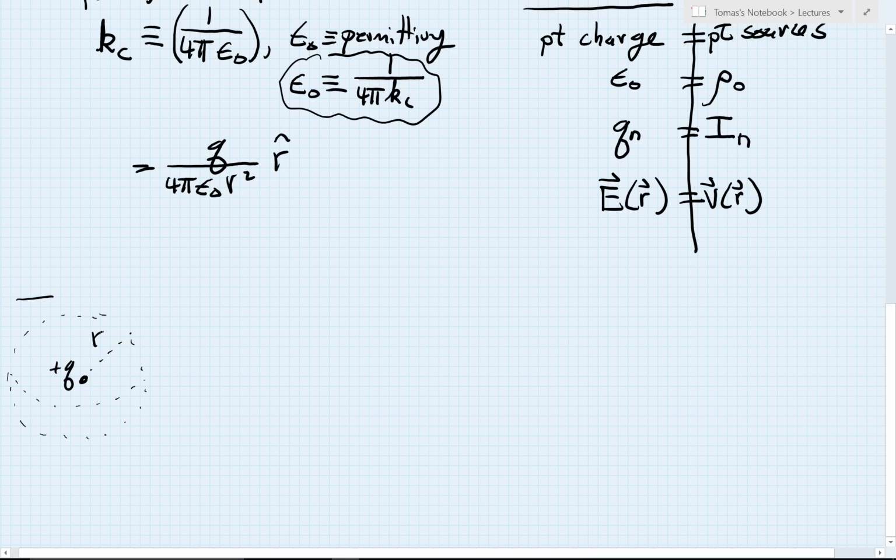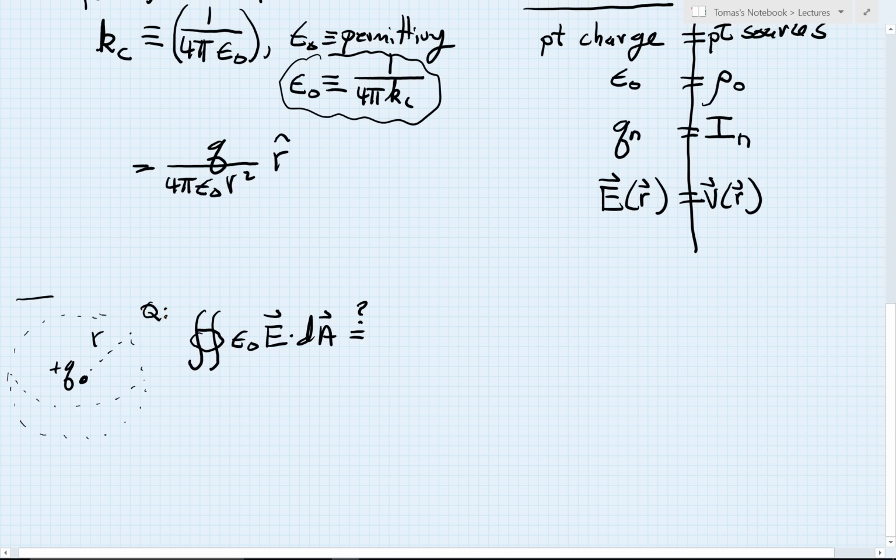Typical thing. And now I'm going to ask a question. What will I get if I integrate around this closed sphere the following quantity, epsilon naught times the electric field dotted with the area elements? What would I get? That's the question.